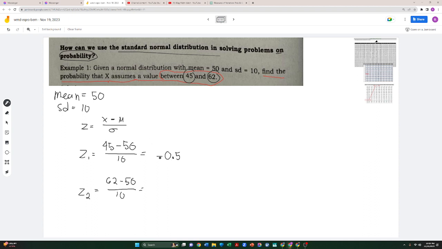For z2, 62 minus 50 is 12, divided by 10, therefore the answer is positive 1.2.